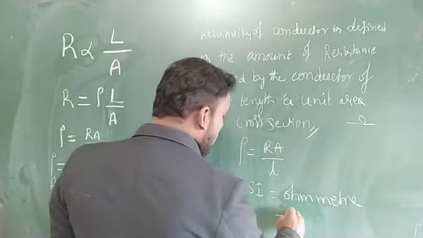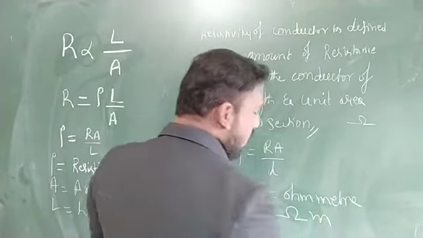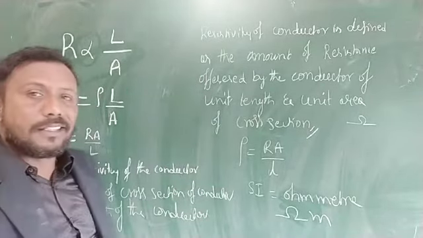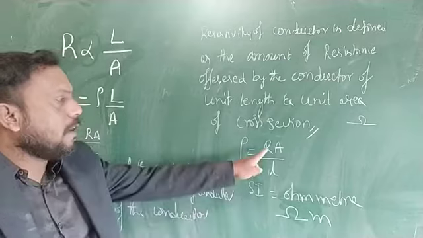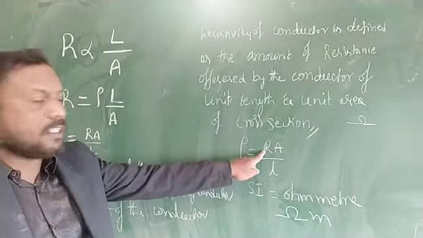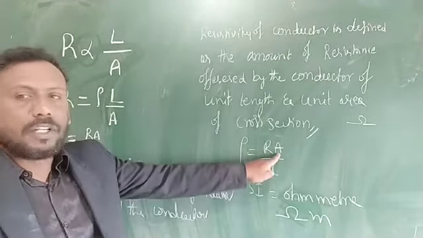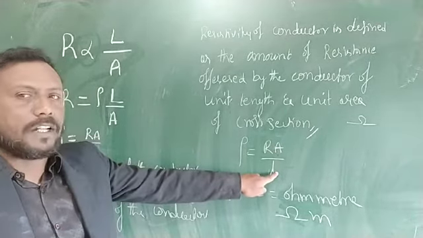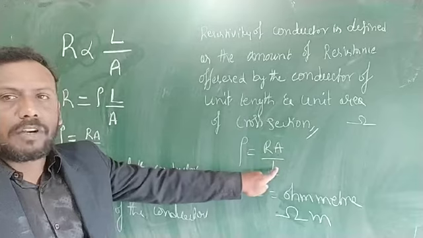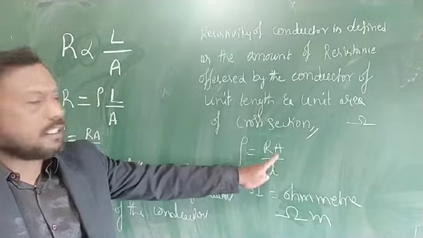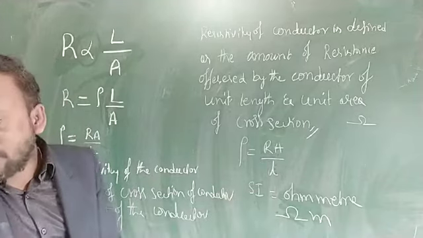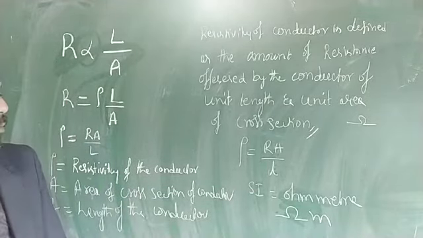The SI unit of resistance is ohm. The SI unit of resistivity is ohm meter. Here, the SI unit of resistance is ohm, the SI unit of area is meter square, and the SI unit of length is meter. Meter square divided by meter, one meter cancels, remaining is ohm meter. Therefore, the SI unit of resistivity of the conductor is ohm meter.